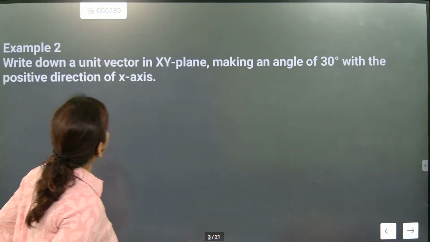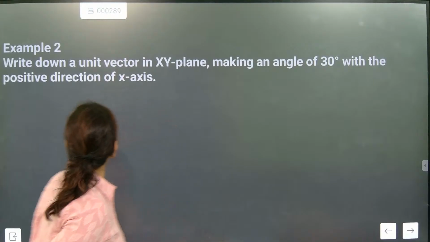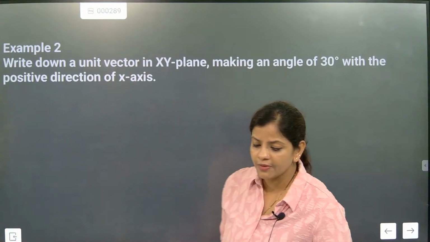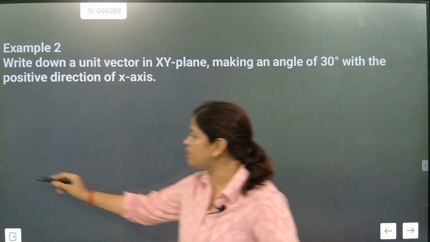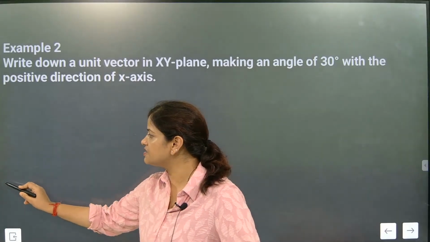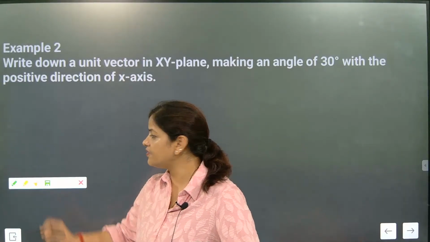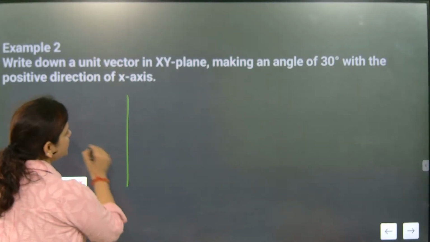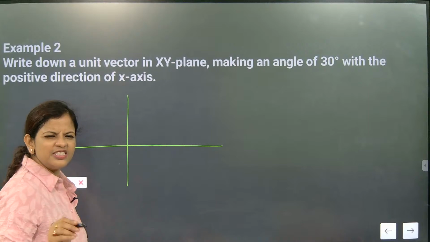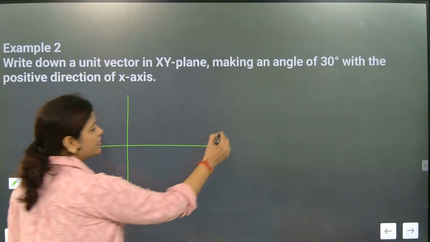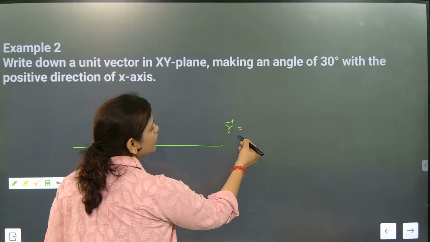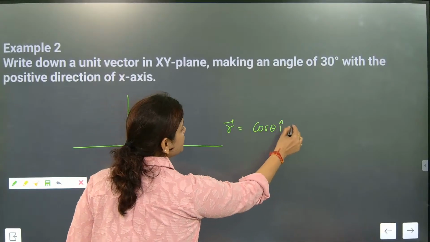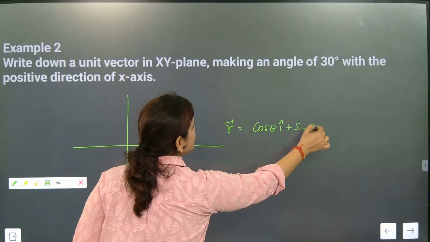Now look here, beta. A unit vector in the xy plane making an angle of 30 degrees with the positive direction of the x-axis. Yesterday itself we solved this. So what do we have to do here? R vector is equal to cos theta i cap plus sin theta j cap.